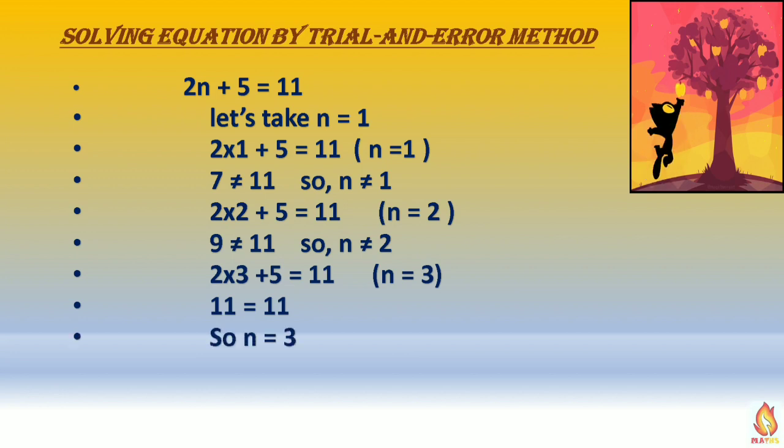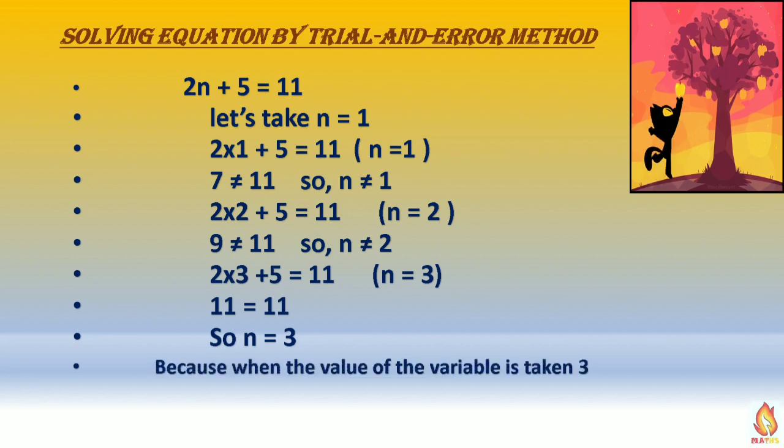That means this is the solution of the equation. So we got the solution by the trial and error method. We keep jumping until we get the fruit, until we get the solution. We have to keep trying. This is the trial and error method.